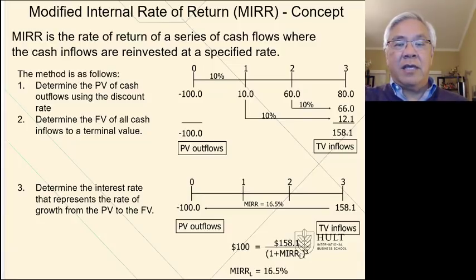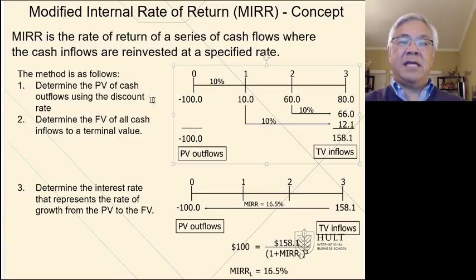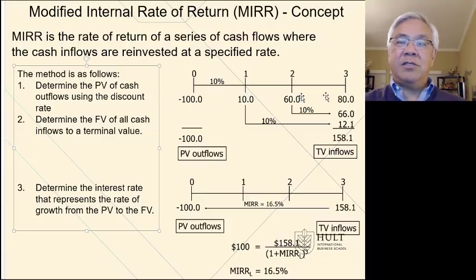Second, we're going to look at all the cash inflows, and then we're going to invest those at the reinvestment rate. And the picture here on the right side represents that T0 is negative 100, and that's the outflow. So that just comes through as today's dollars. And then T1, 2, and 3 are pushed out into the future at a 10% rate.